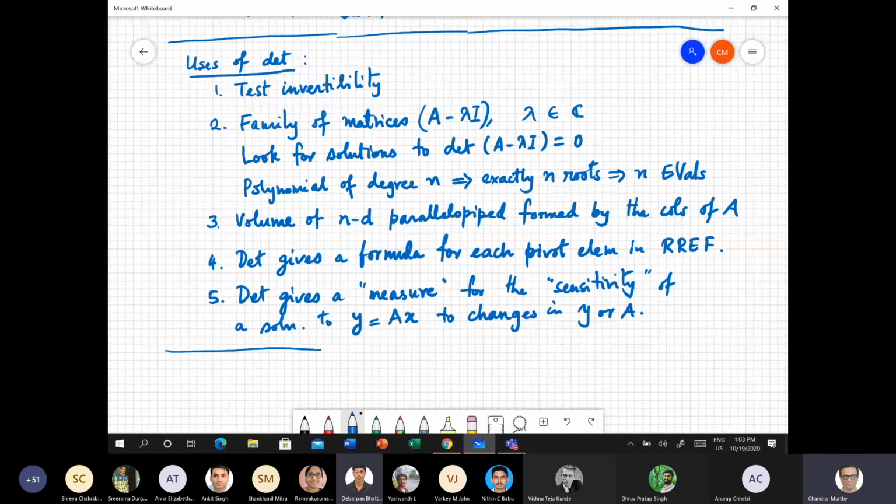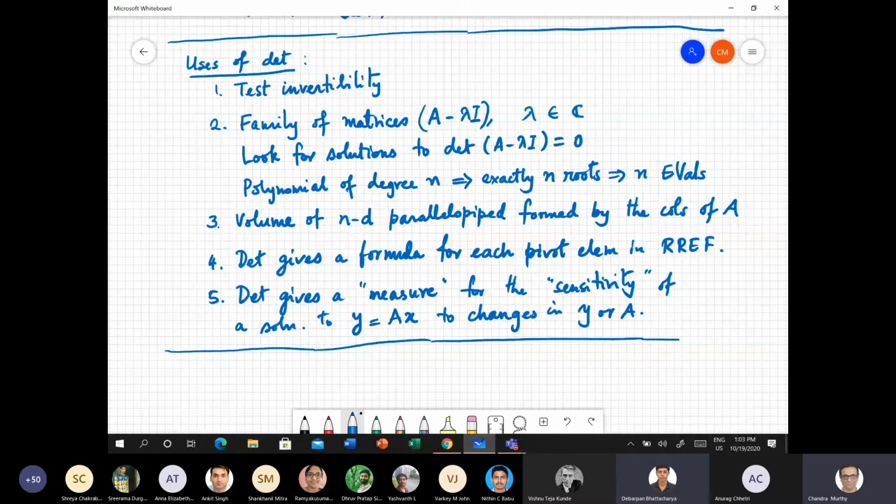So are there any questions? Sir, can you please explain the point 4 once? So for now, I just want to say that when you find this row reduced echelon form, you will obtain these pivot elements, and then you'll have some things in the upper triangular part, right?